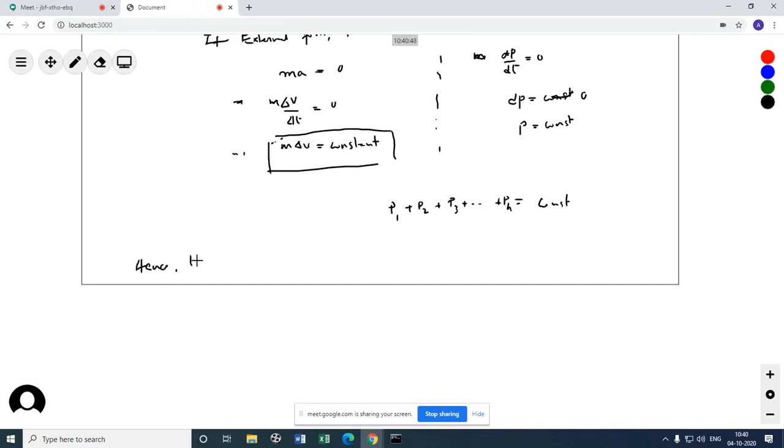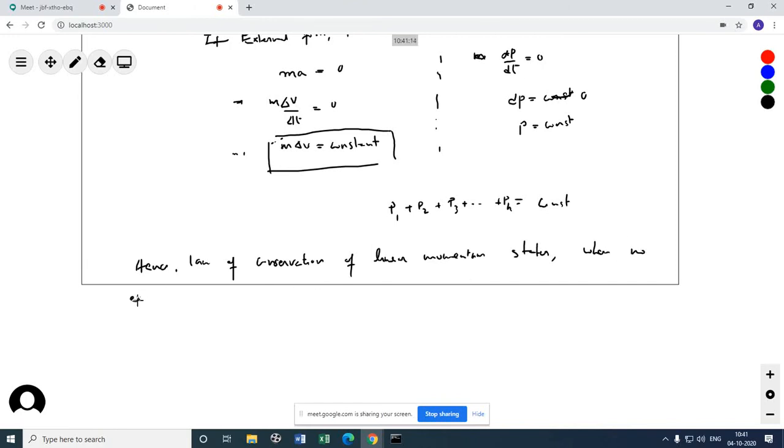Hence, the law of conservation of linear momentum, an extremely important law, states, what does it state?